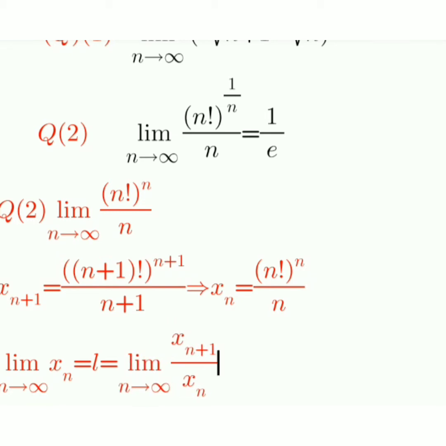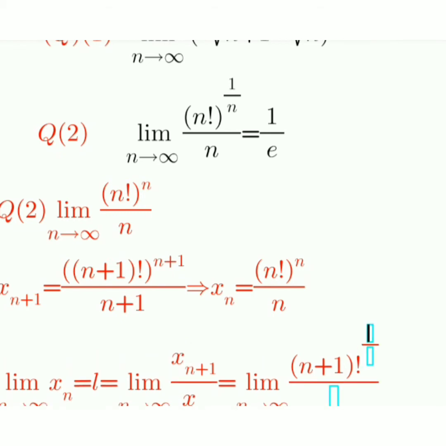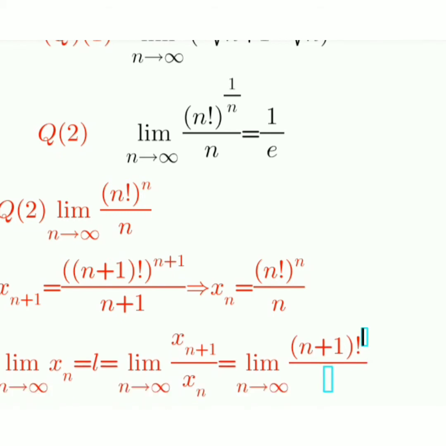So friends, for x_{n+1} with limit n tends to infinity, whatever we will get: limit x_{n+1} means (n plus 1) factorial whole to the power n plus 1, and it is (n factorial) whole to the power n.